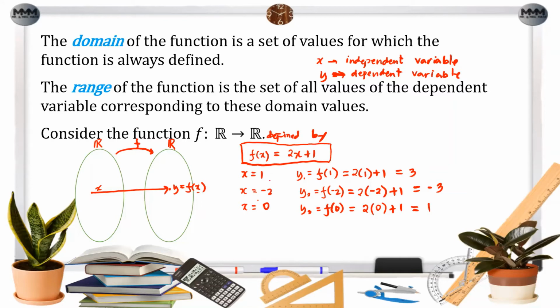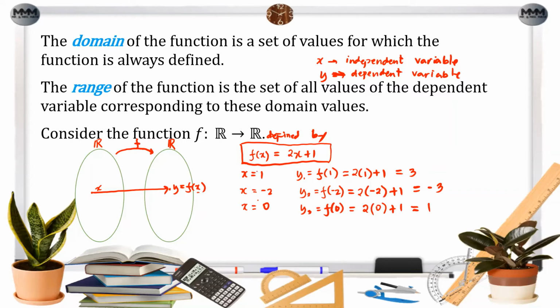So if we're going to substitute a value, any real number to x, this is always defined, as you can see here. Assign any value to x, any real number, this is always defined, right?